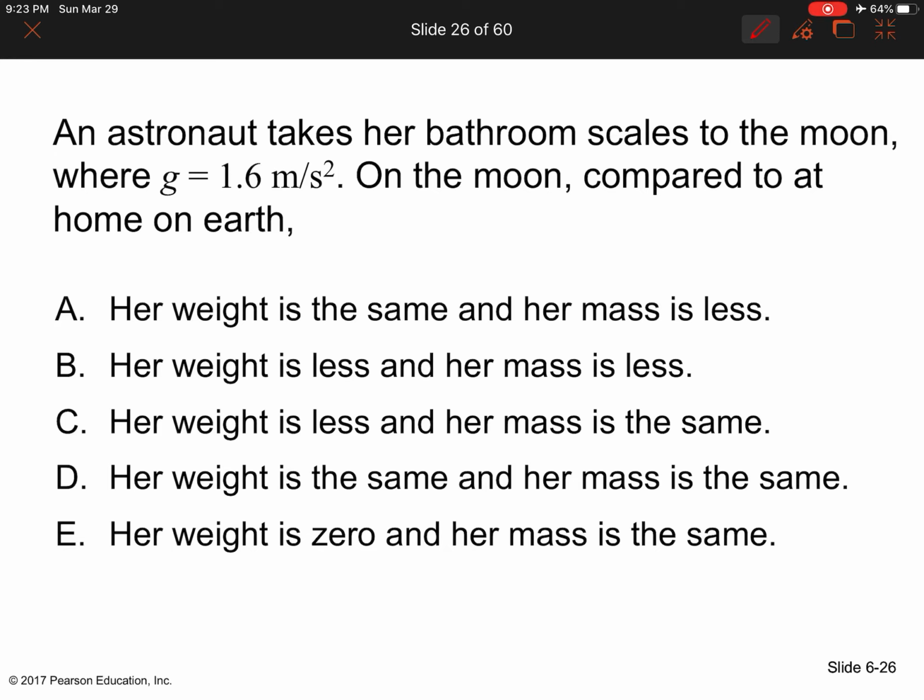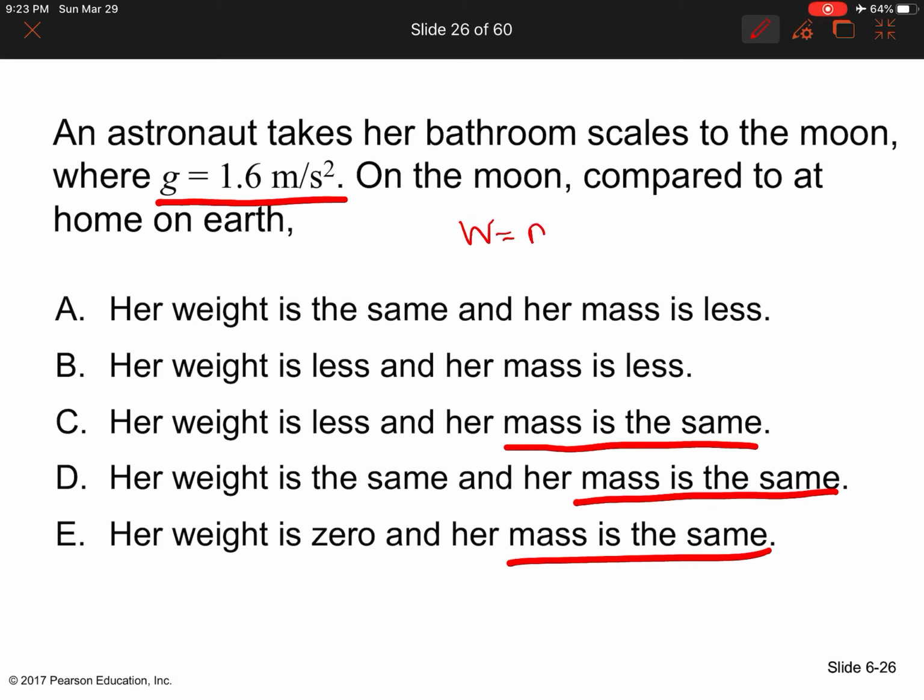Well, we said that the mass doesn't change. So we know that the mass has to stay the same. And those are these three options. Now on the moon, there is some gravity. So we know that weight is equal to mass times gravity.